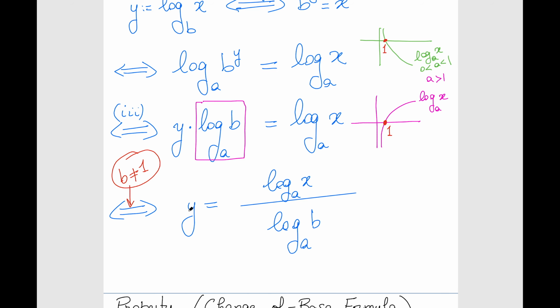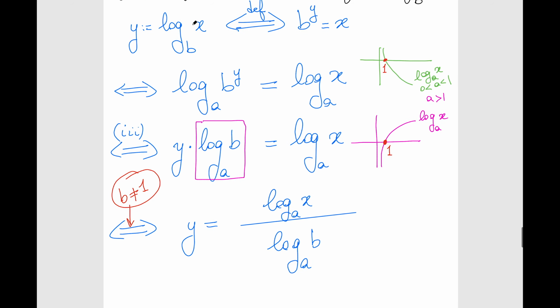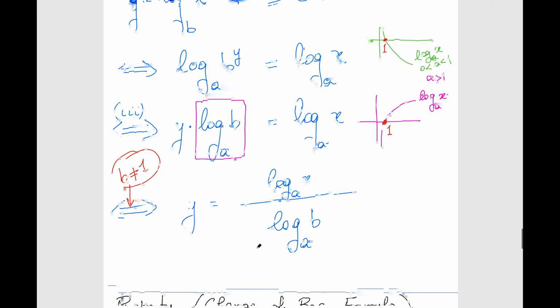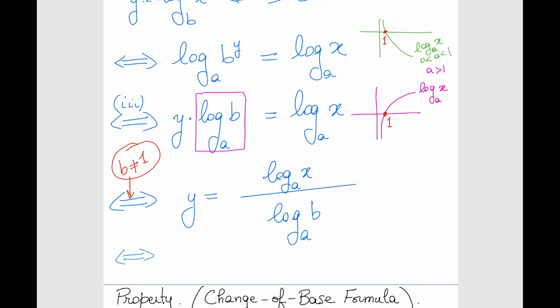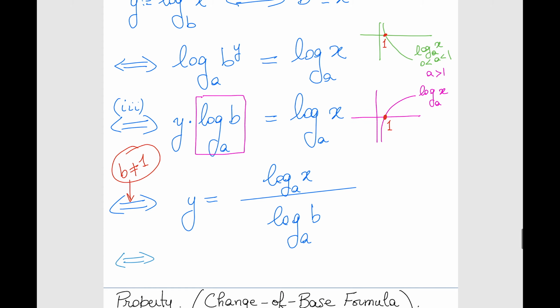Alright. And what's y again? Y is this. So then we get log base b of x, right? This is the y guy. Let me write the last step. What's y?